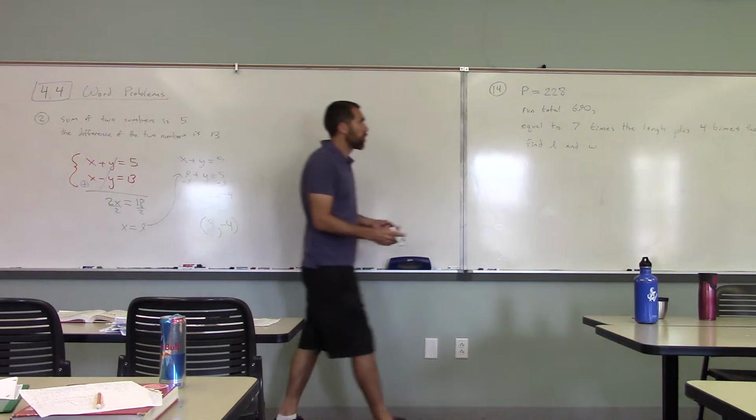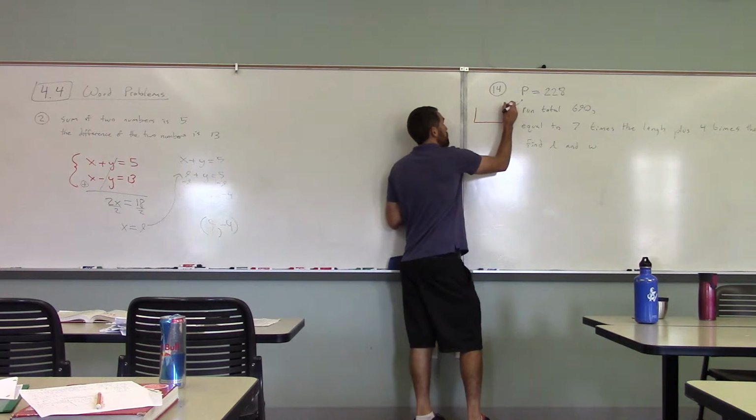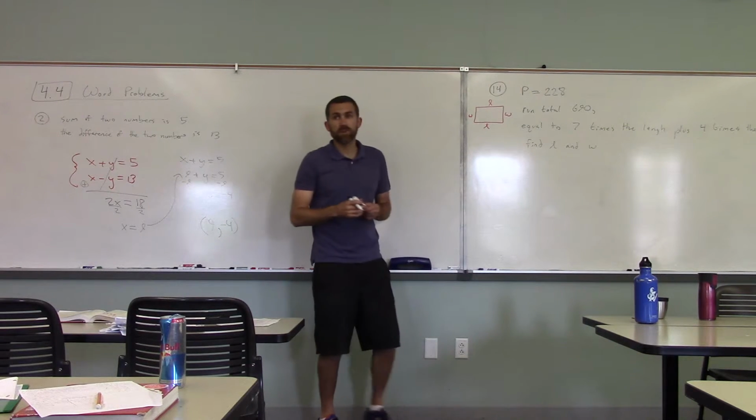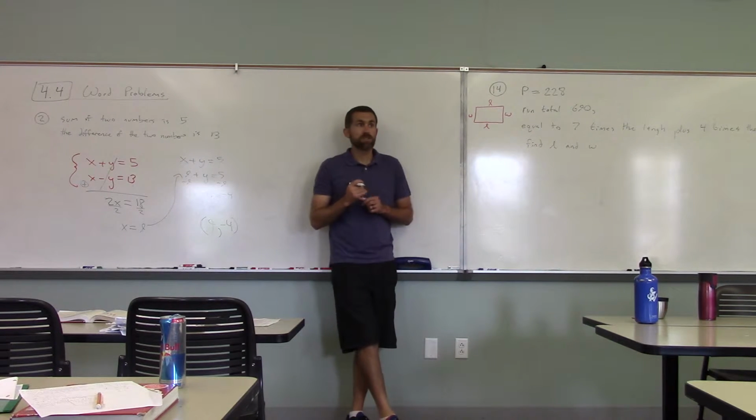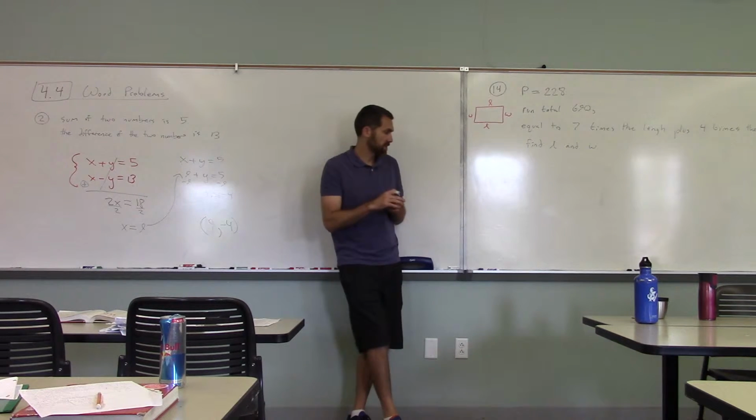So what would one equation be? I always draw my picture when I have a shape, whether it's a triangle, circle, or rectangle. So this is a rectangular tennis court. What's one equation we could write for this?